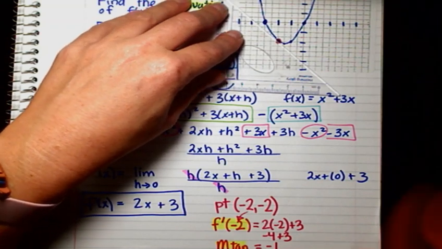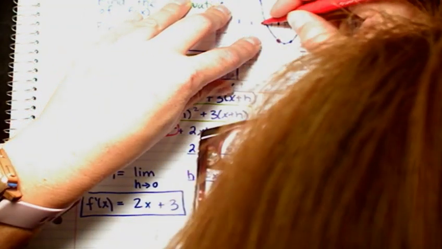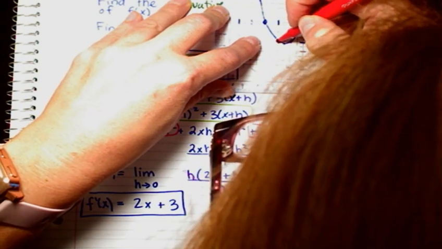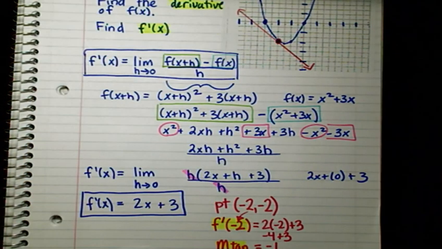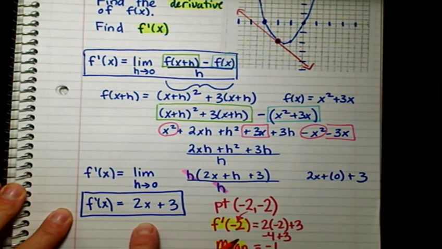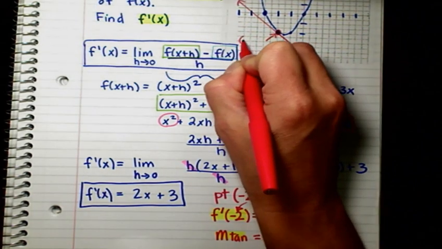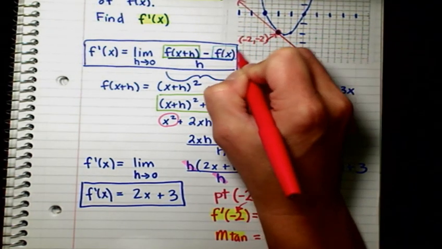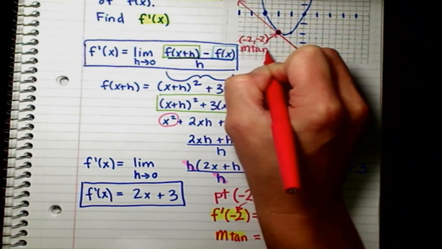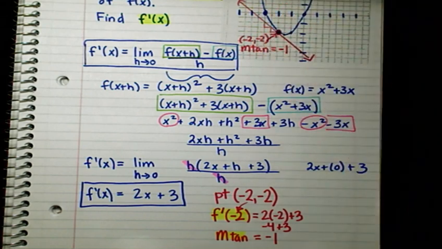Now, we all draw graphs with a little bit of error because it's not perfect. So there's my visual of the tangent line that I used the equation to find the tangent slope. Right here, the point is negative 2, negative 2, and the tangent slope is negative 1. I mean, look at the count. You can actually see the slope is negative 1 on that graph.